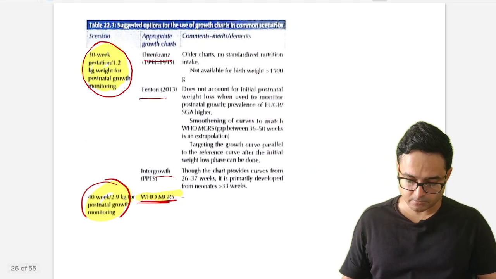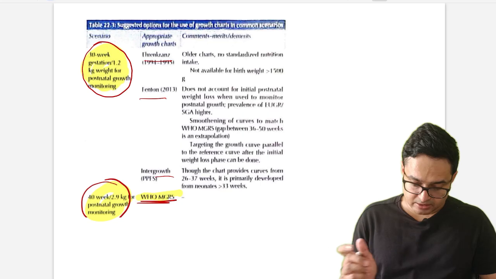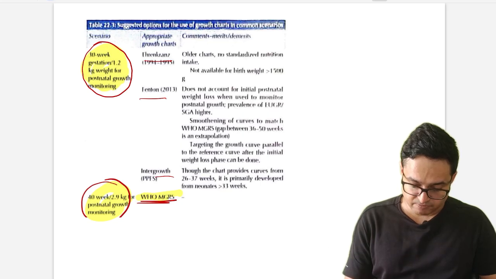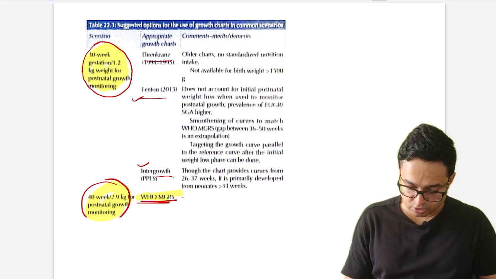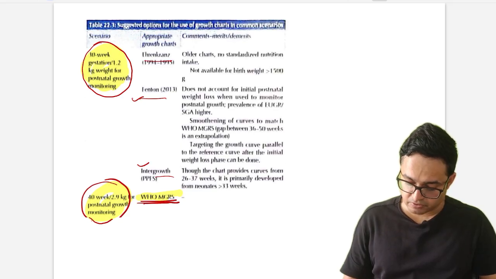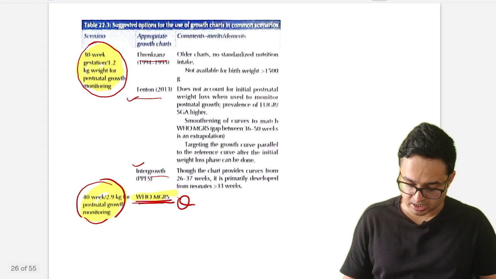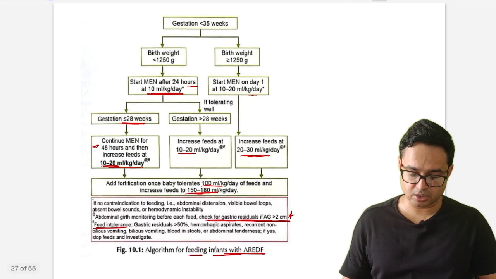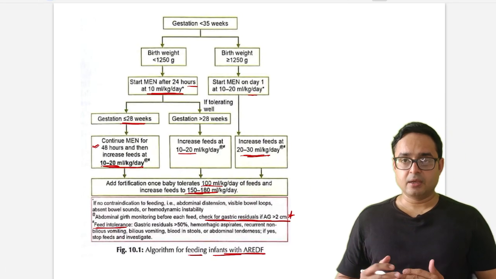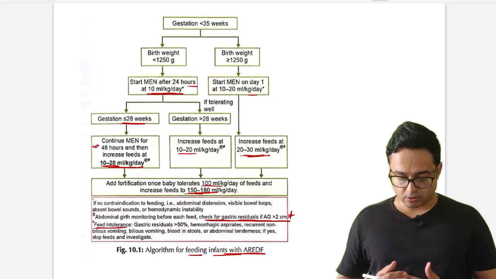For postnatal growth monitoring till 30 weeks gestation, 1.2 kg weight, you have to remember Intergrowth and Fenton charts. After 40 weeks of gestation, 2.9 kg weight, for postnatal growth monitoring we generally use WHO MGRS charts for these units.